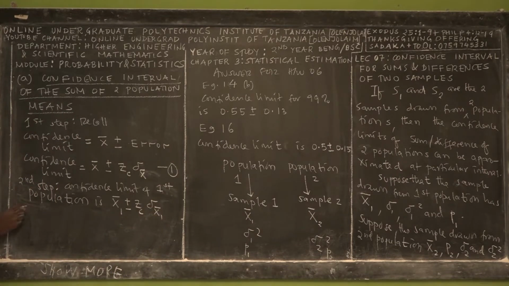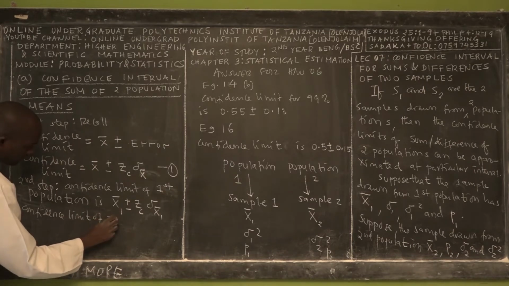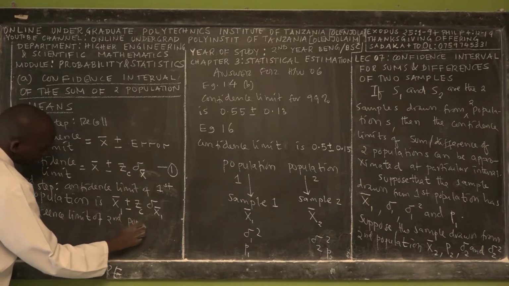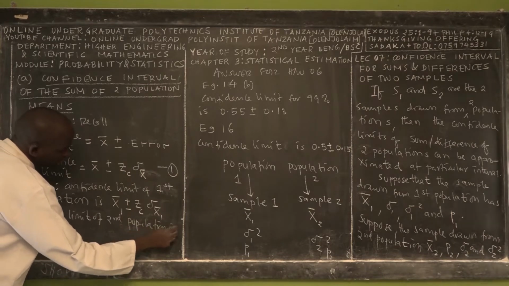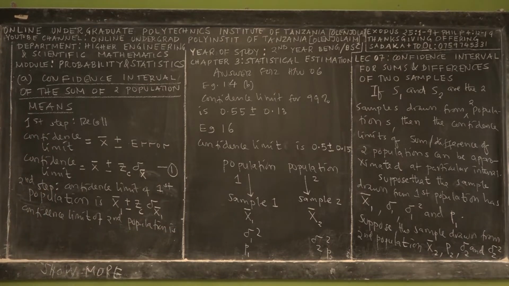Okay? Then confidence limit of what? Of the second population. Listen carefully. Second population is mean 2 plus or minus the critical value multiplied by standard deviation of the sampling distribution of mean 2.